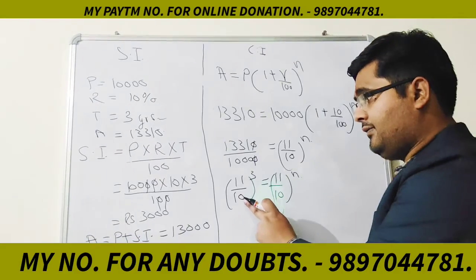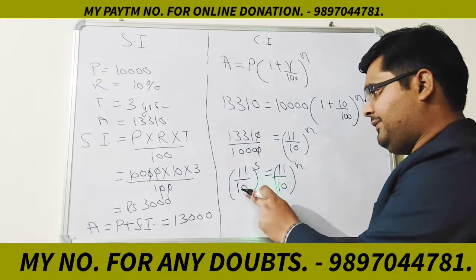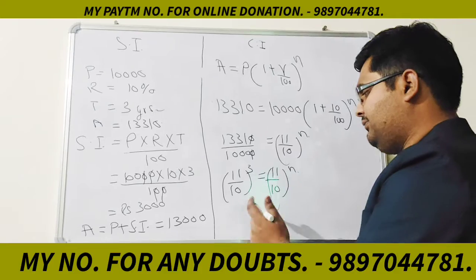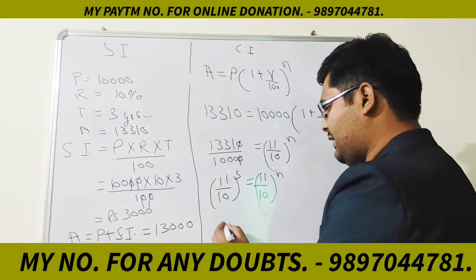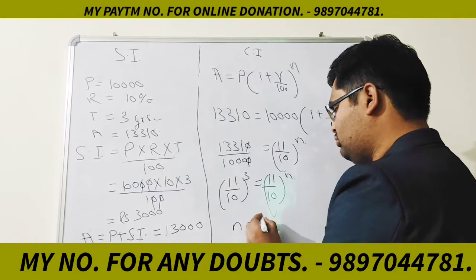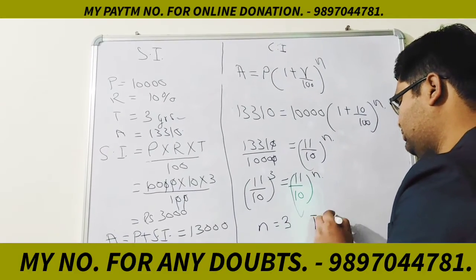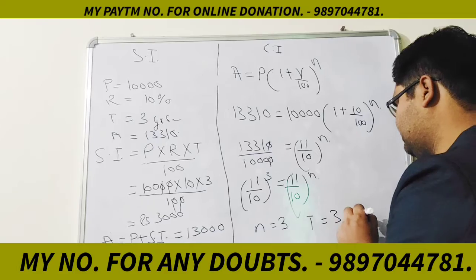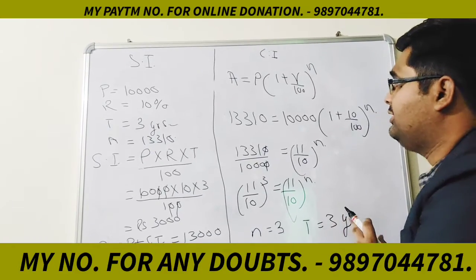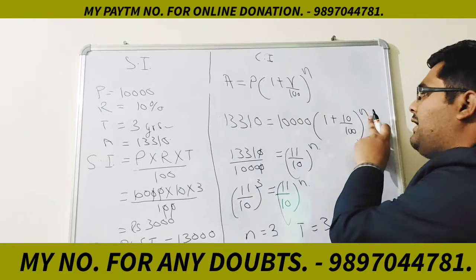Now the bases are the same, so the powers will become equal. So from here you get n equals 3. So time equals 3 years. So in this case you are calculating time.